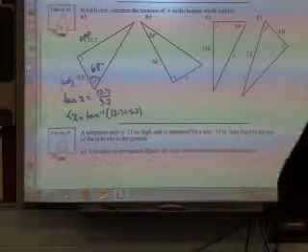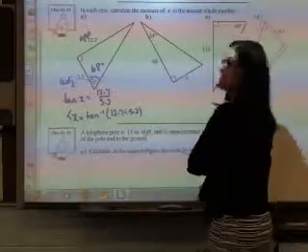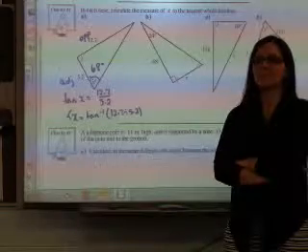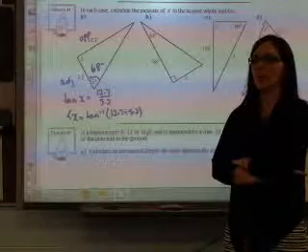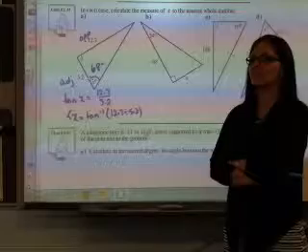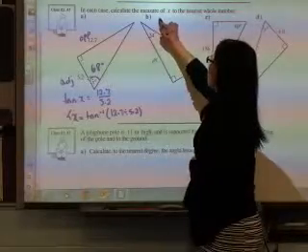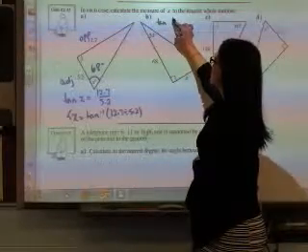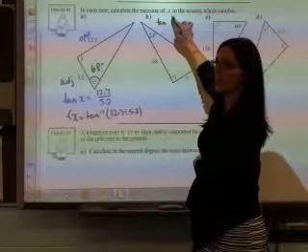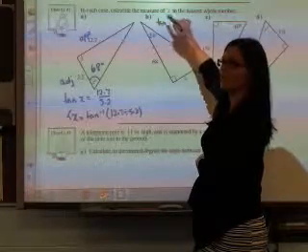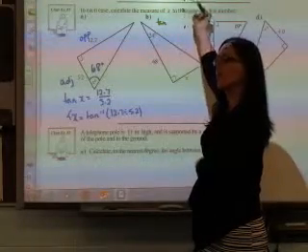So how would I solve for X in B? What did you use to solve for X in B, Colin? So tan what? I didn't write down how it was set up, but if you were going to write it down, what would you write?